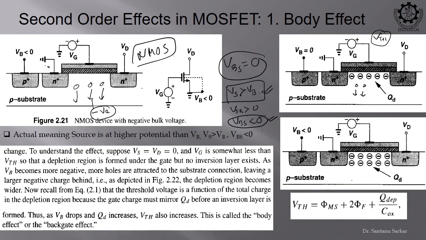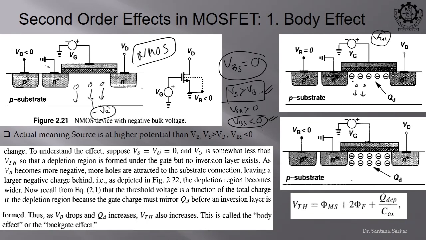Now, on top of this what I am doing? I am making this Vb equal to some minus potential. That minus potential will also do the same thing. It will also repel the holes from the channel towards the down. So, what will happen?